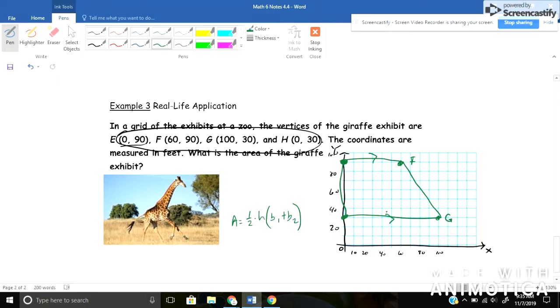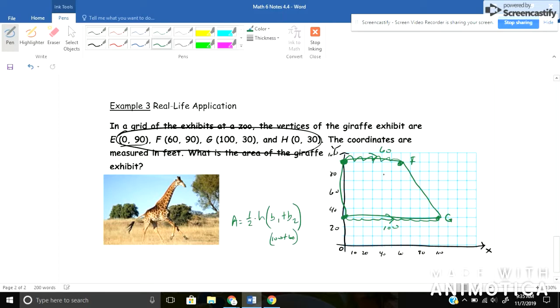And remember, we're going by tens. So 10, 20, 30, 40, 50, 60, 70, 80, 90, 100. All right? And let's count for our top as well for our other base. 10, 20, 30, 40, 50, 60. So this would be 100 plus 60.